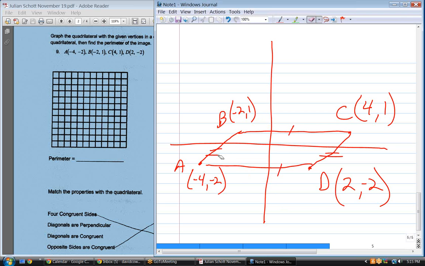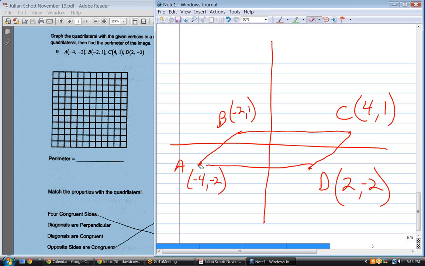So we need to figure out the distance because the next question says find the perimeter. It's easy enough to find the distance from B to C, and from A to D. But finding the distance from B to A requires me to apply the distance between two points formula.